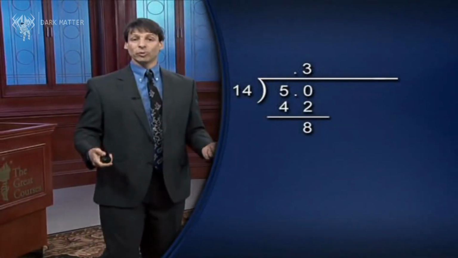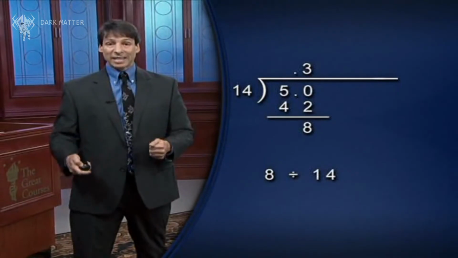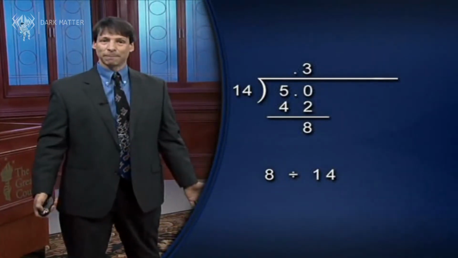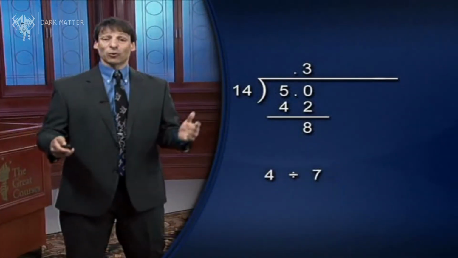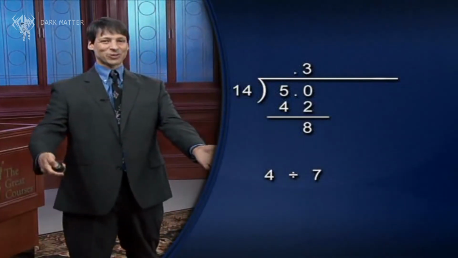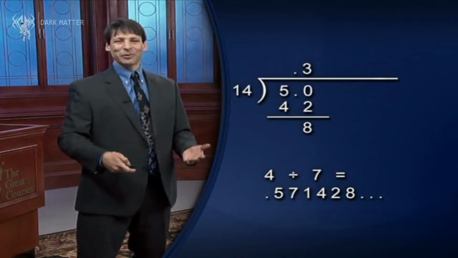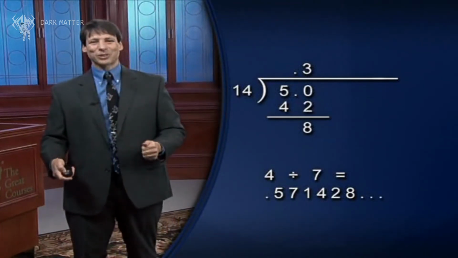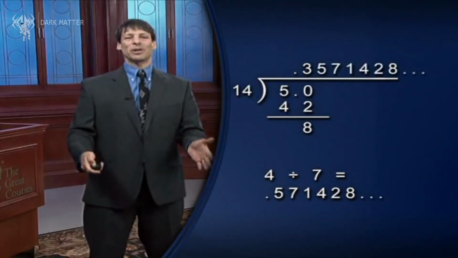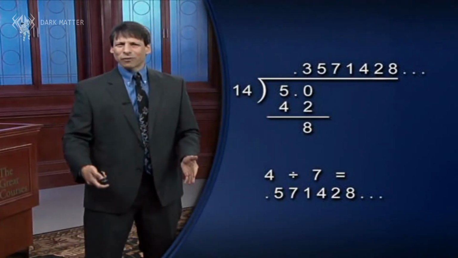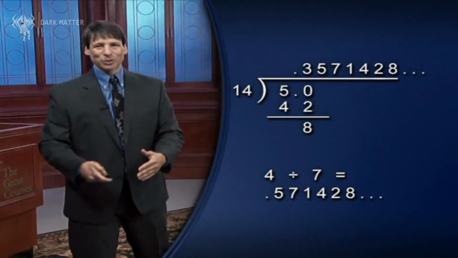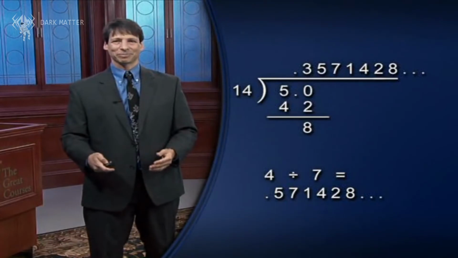And you're left with doing the division problem of 8 divided by 14. But 8/14 is 4/7, and you know 4/7, right? That's 0.571428 repeated. So if you really want to impress your friends, you'll say the answer, 0.3571428, 571428, and so on.